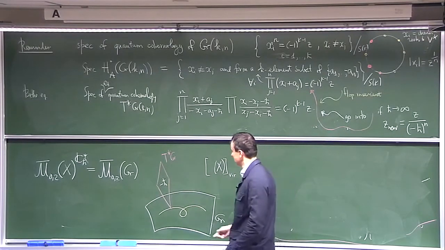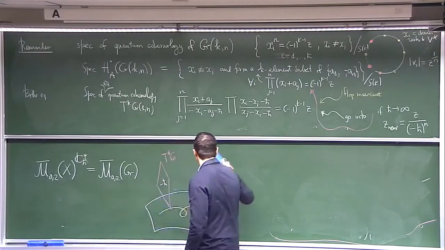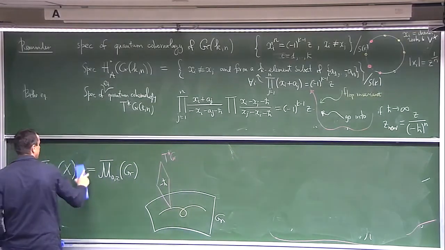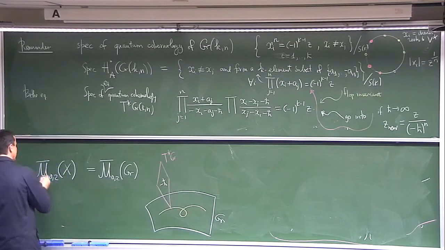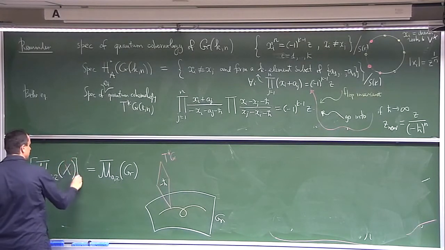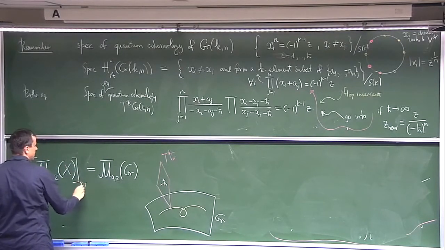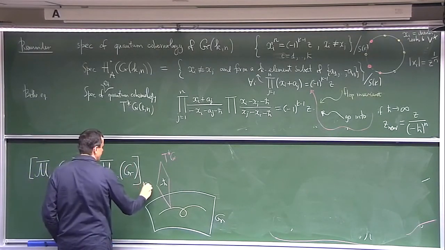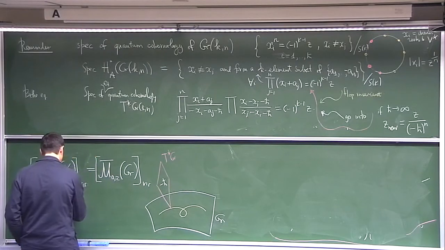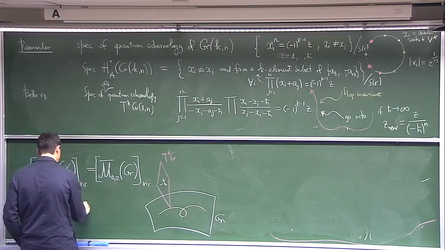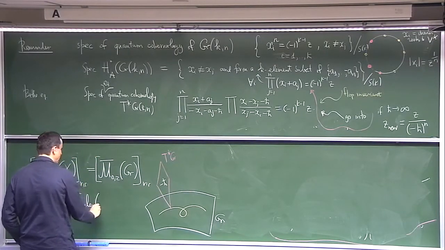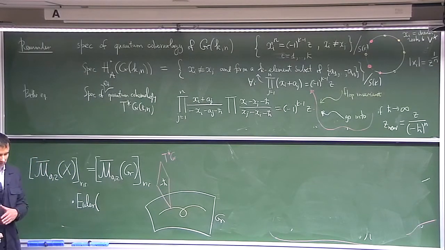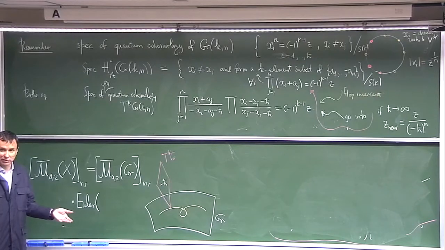This is too sloppy. Maybe I'll take this guy and I put the virtual cycle here. And this is the virtual cycle there times the Euler class. So Euler class of a vector bundle is, well, its top exterior power.